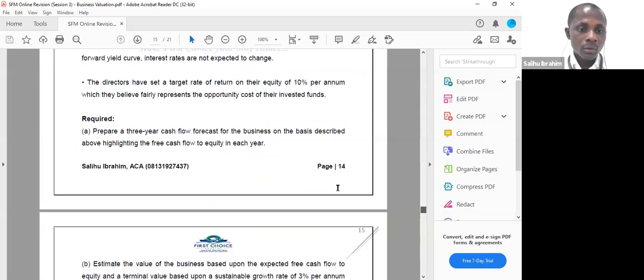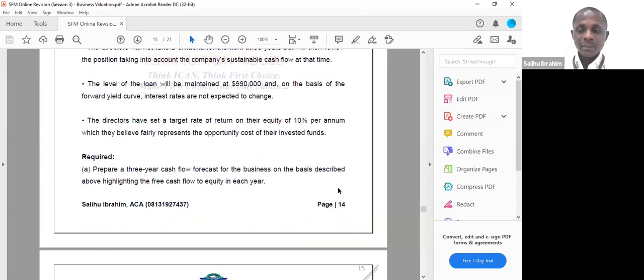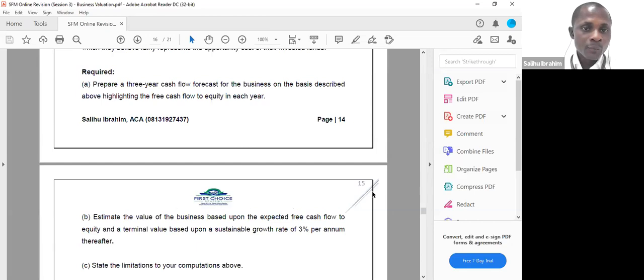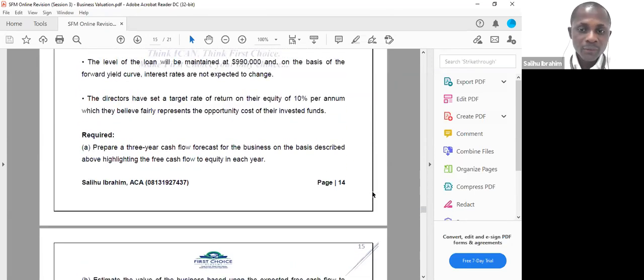Yes, we started solving this question. And of course, we've solved the first part of the requirement, which is requirement A. I want to believe that we have gone through the solution once more, and we understood how we arrive at the figures for the computation of the free cash flow.